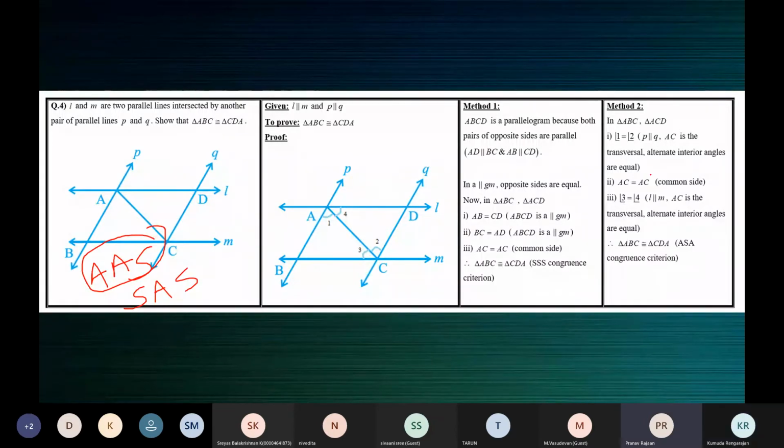Actually, my phone is hanged. Okay, if you can share it, otherwise just let me know that you've done it. Yes, ma'am, I will share it. Yeah, Kanishka has shared the proof using the AAS rule. She's right.